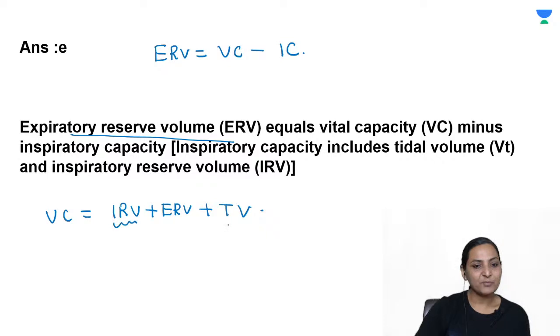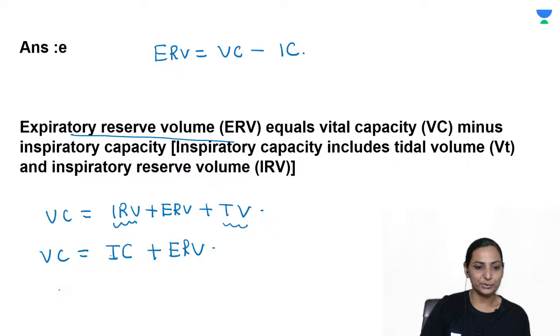Inspiratory reserve volume and tidal volume together become inspiratory capacity. So vital capacity can also be written as inspiratory capacity plus expiratory reserve volume. Therefore, ERV will be vital capacity minus inspiratory capacity.